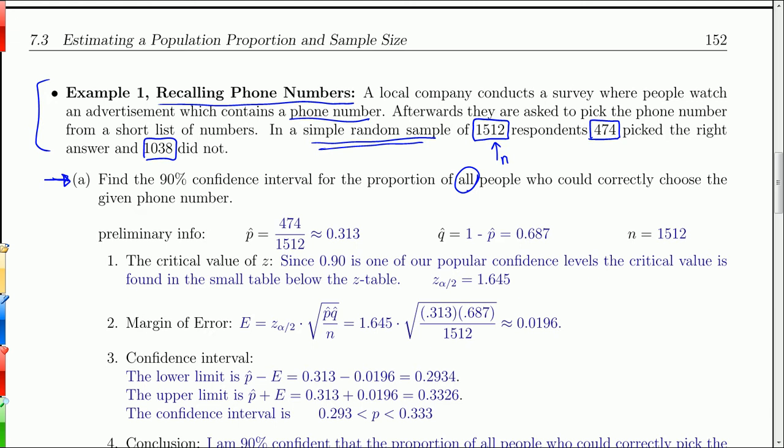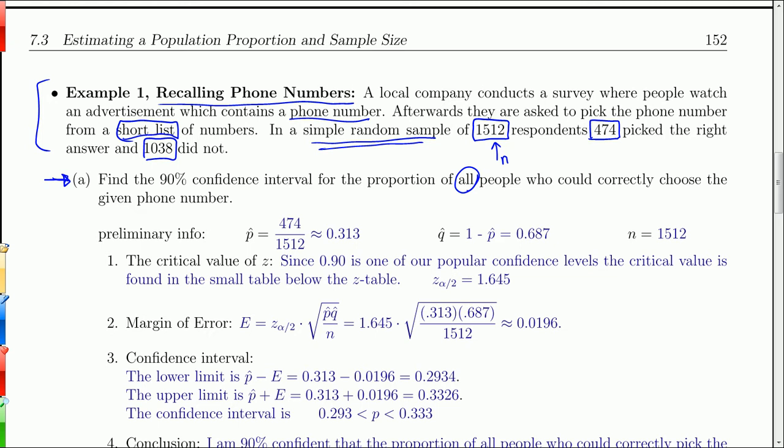They're independent. Whether or not one person can pick the phone number correctly does not alter the probability of the next person picking the phone number correctly. The probability of success does not change. There's always the same short list, so everybody has the same initial probability if they were just guessing at it.